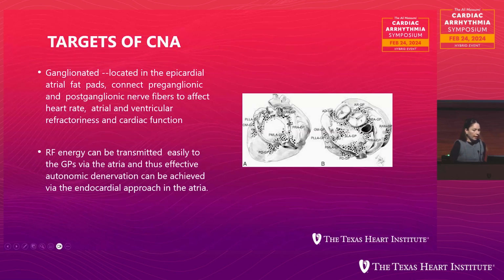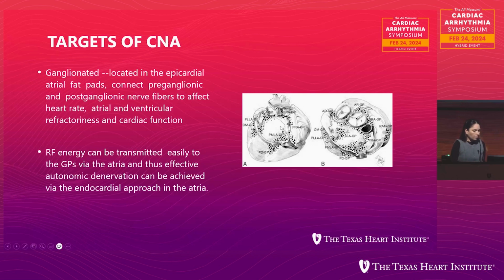They're typically located out here in the epicardial aspect and the epicardial fat. RF energy can be transmitted easily to these GPs via the atrium from the endocardial aspect, where we already ablate a lot of our arrhythmias.